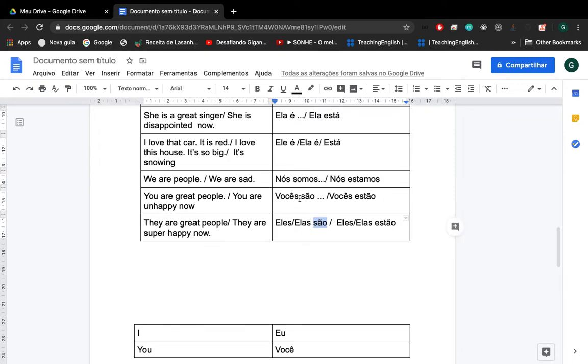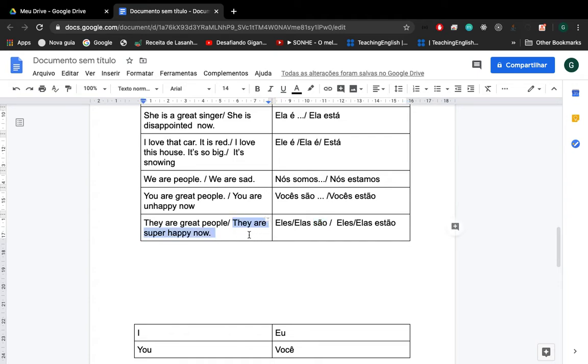It's the same conjugation as in vocês here. It's good for you guys because there's a lot of difference in conjugation in Portuguese. It's good to have something that's the same, right? So they are great people, something that's not temporary. Eles são or elas são, depending on the gender, right?